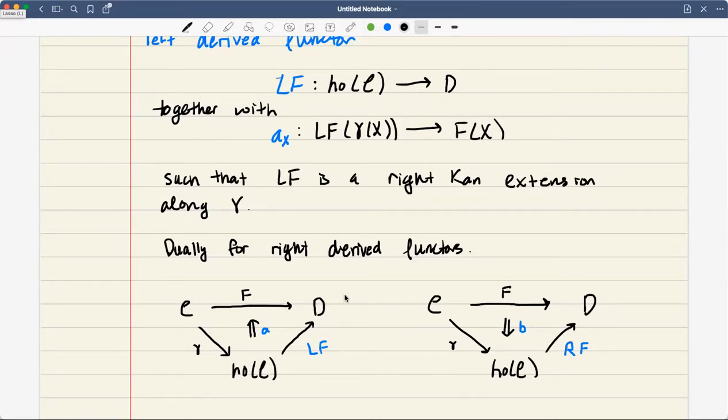Okay, so we can formally do this. This is the general theory of Kan extensions. Left-derived functors are annoyingly right Kan extensions, and right-derived functors are left Kan extensions.